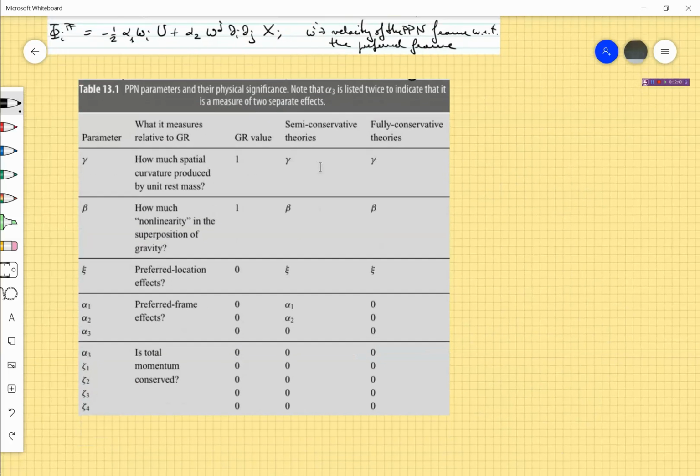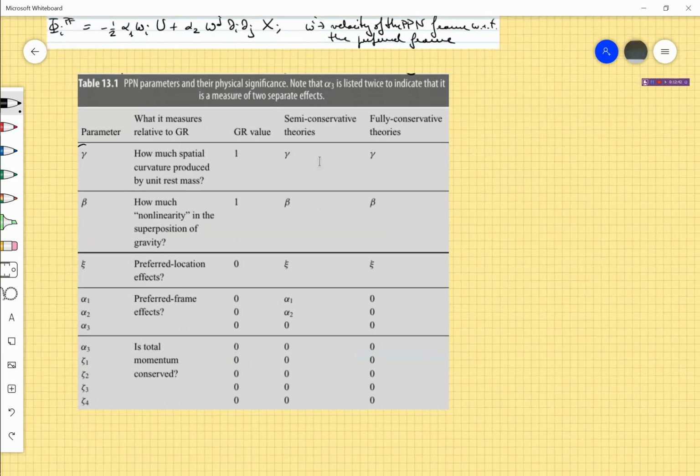Well, in this table you can see the parameters and the value they take in general relativity. The convention for the first parameters, alpha, which is not used now, beta and gamma, is that they take the value 1 in general relativity.